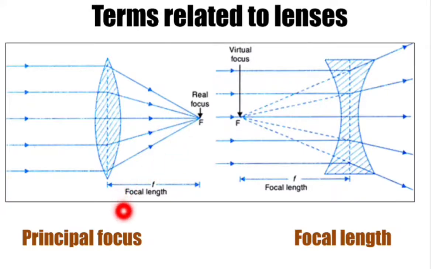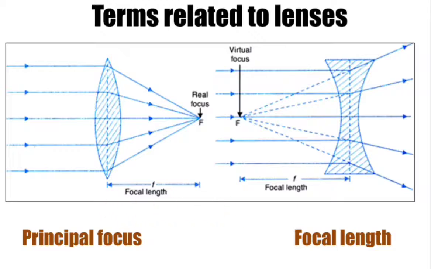Similarly, in the concave lens, this is the focal point or focus, from where the rays of light appear to come after passing through the lens.